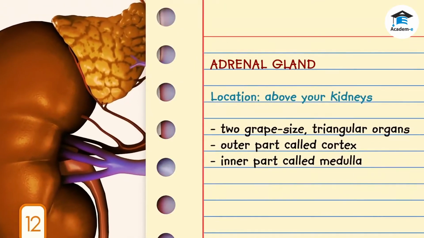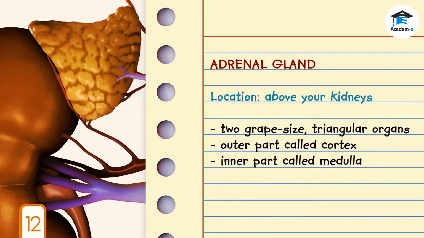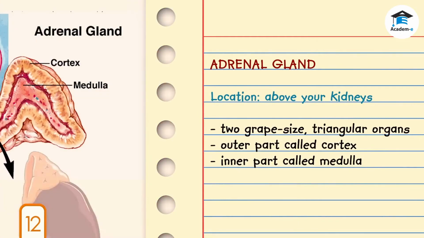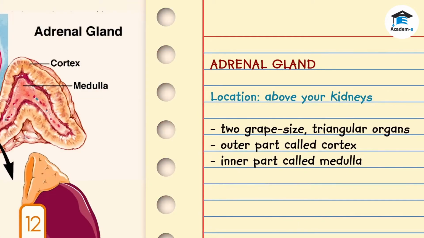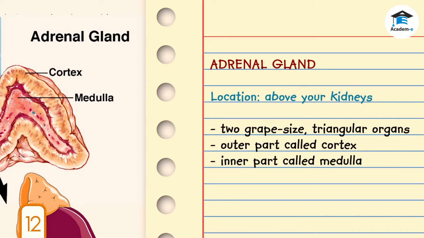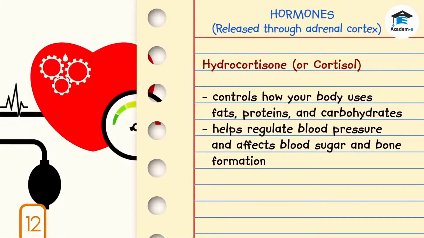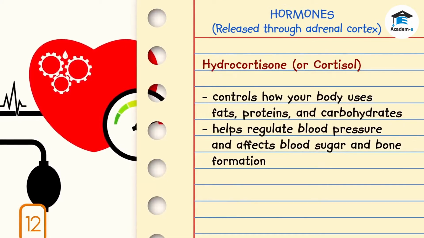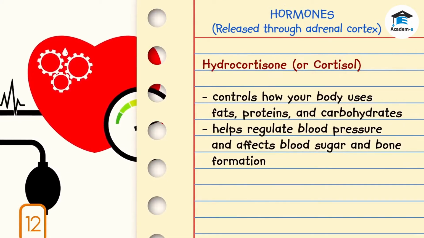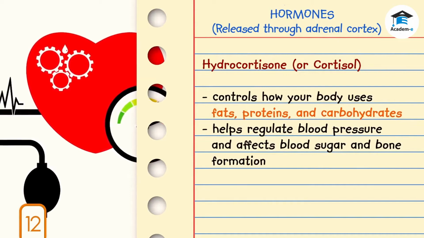Adrenal glands are the two grape-sized, triangular organs, each located above your kidneys. They have an outer part called cortex and an inner part called medulla. Hormones. Released through the adrenal cortex, hydrocortisone, or cortisol, controls how your body uses fats, proteins, and carbohydrates.